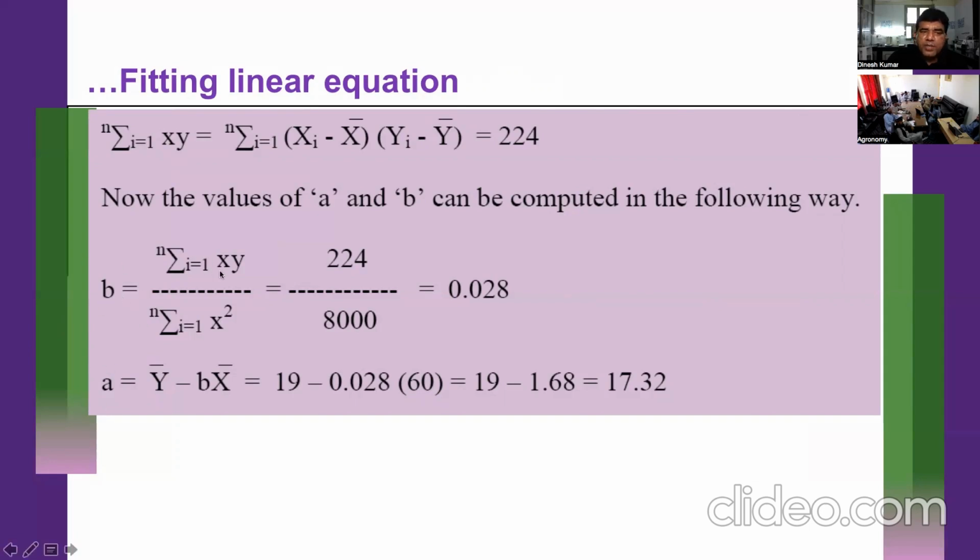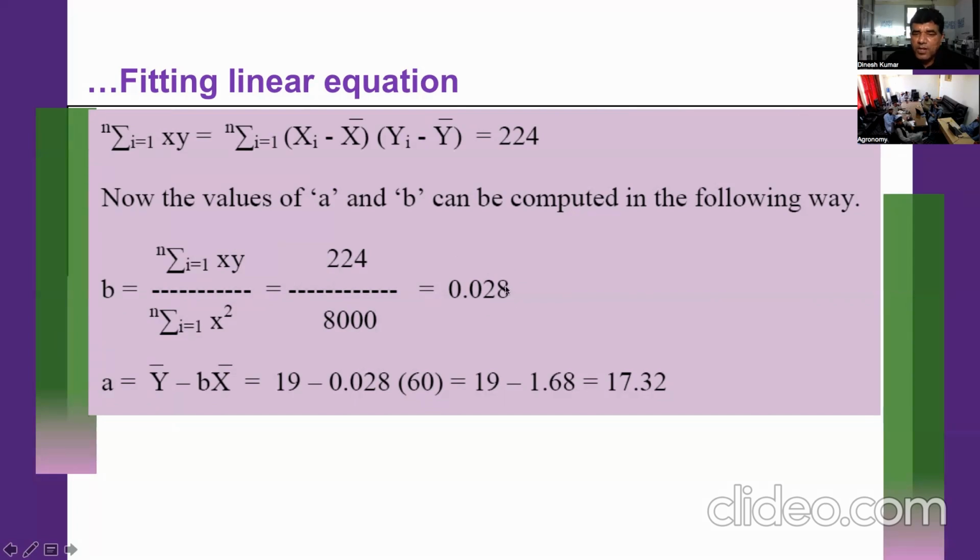Value of b is equal to summation xy divided by summation small x square, and it was 224, you see, and put the value of summation x square, which was 8,000, you get the value of b as 0.028. This is the regression coefficient.